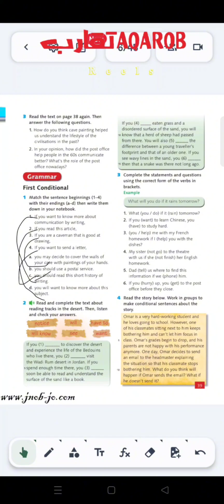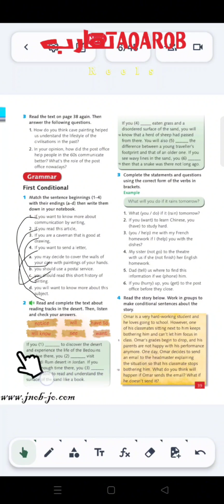So we have 6 words here: notice, will, have to, will, know, see, and what. We're going to decide which one is suitable in the blank according to the first conditional rules.